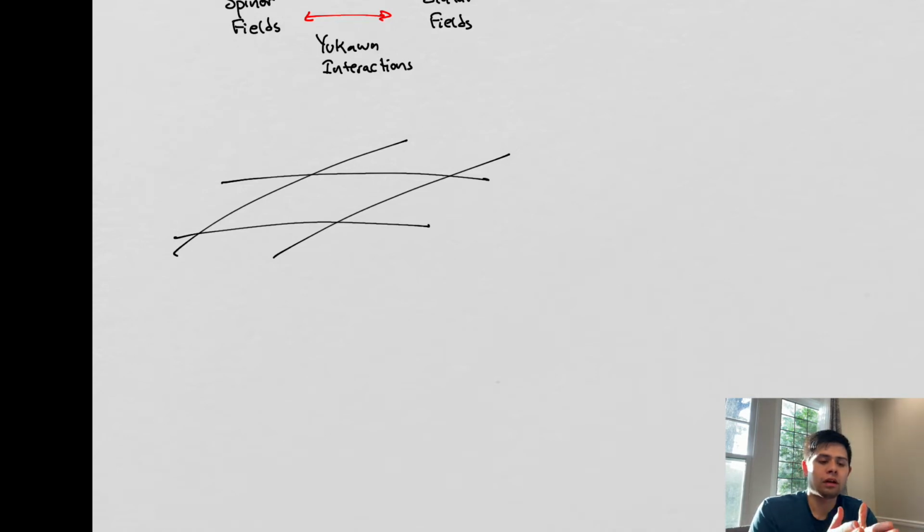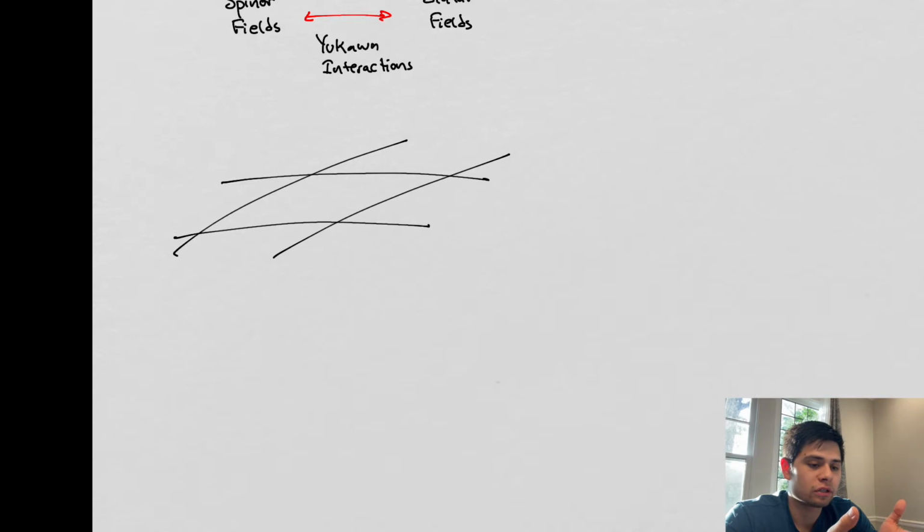But how do we describe an excitation in this field? An excitation in these fields is what manifests in the real world. So when you look at something like a plant or a book, these things contain electrons, because they have atoms, and atoms have electrons.